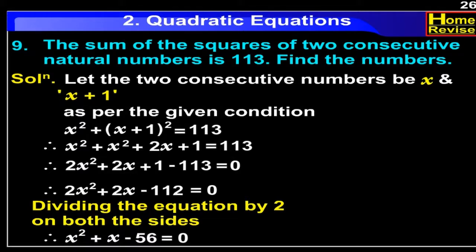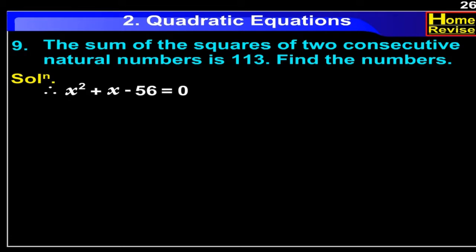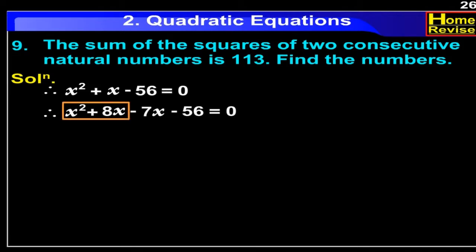Now splitting the middle term plus x as 8x and minus 7x, we have x square plus 8x minus 7x minus 56 is equal to 0. Taking x common from the first two terms, we get x(x plus 8).